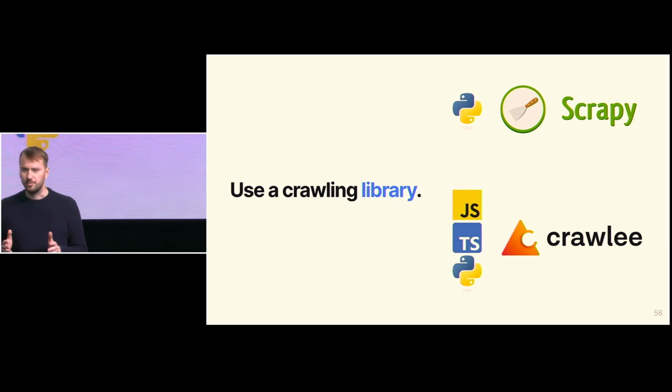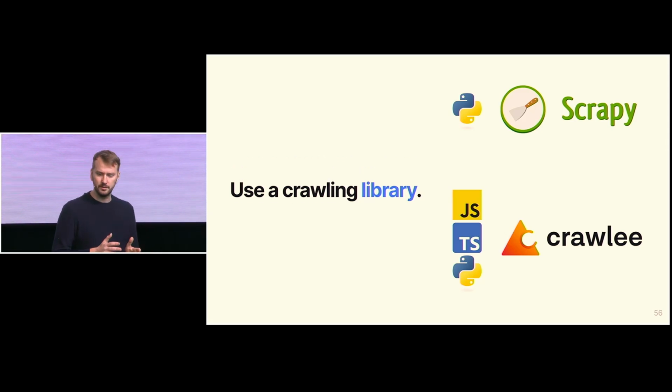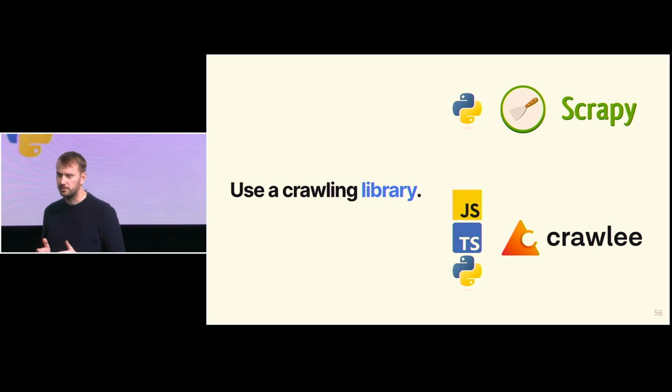For example, Scrapy is one of the oldest and most popular web scraping libraries out there, and it's available for Python. And there's another popular alternative, Crawlee, which is available for Node.js and recently also for Python, which on top of the crawling management also allows you to control browsers and scrape through them.